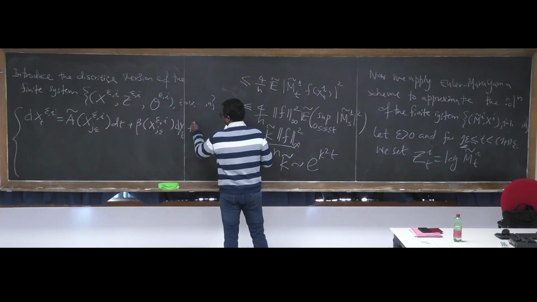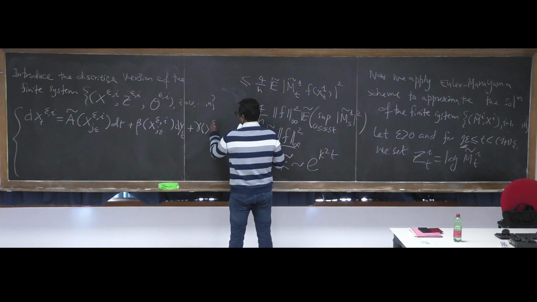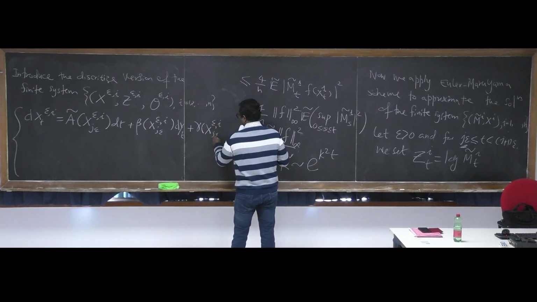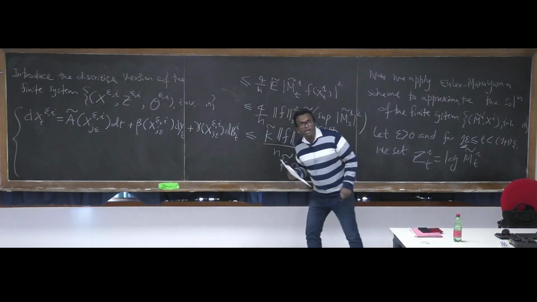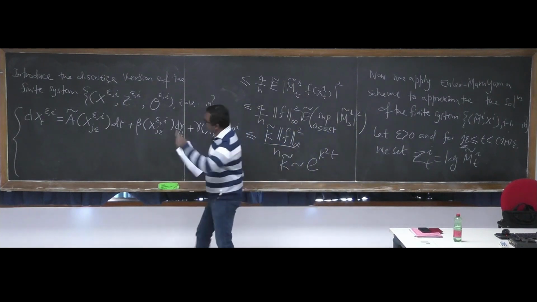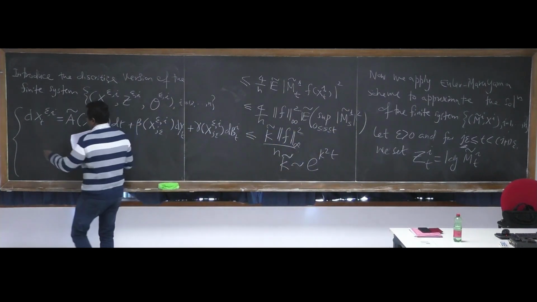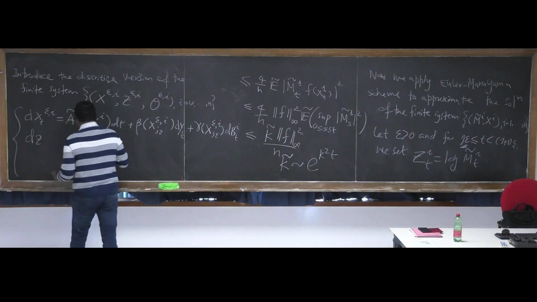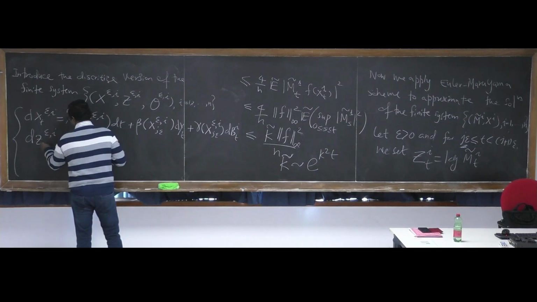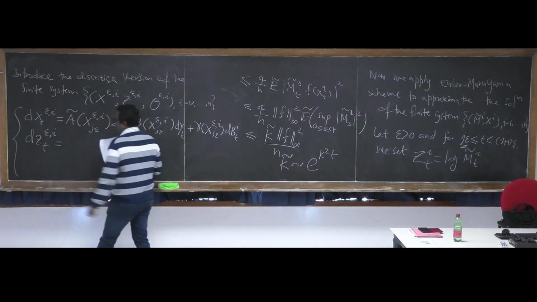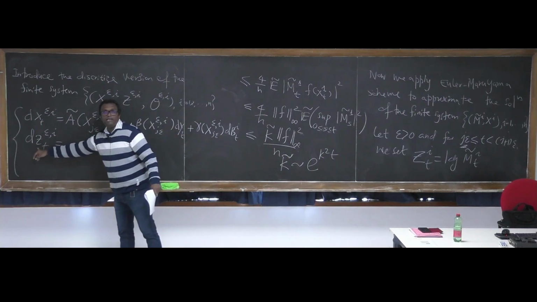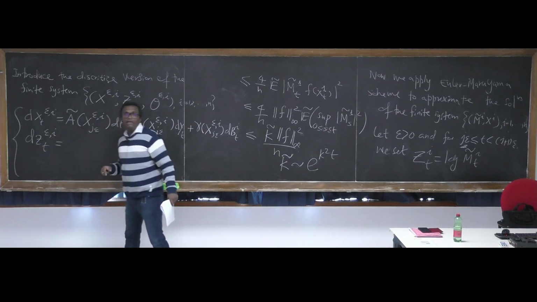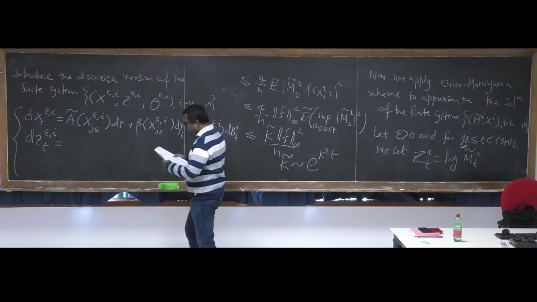dY_t plus gamma(X^{epsilon,i}(j epsilon)) dB_t^i. So this is our discretized signal process, and dZ^{epsilon,i}_t is the logarithm of the exponential martingale M tilde^i_t for the discretized case.